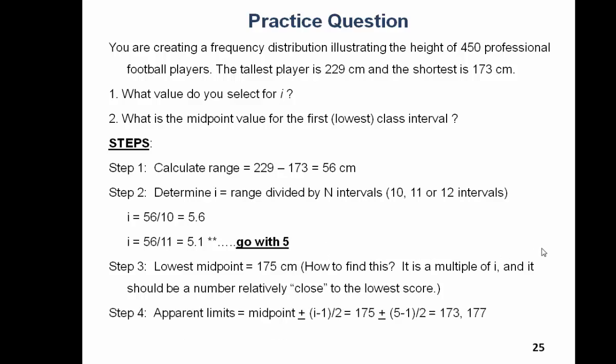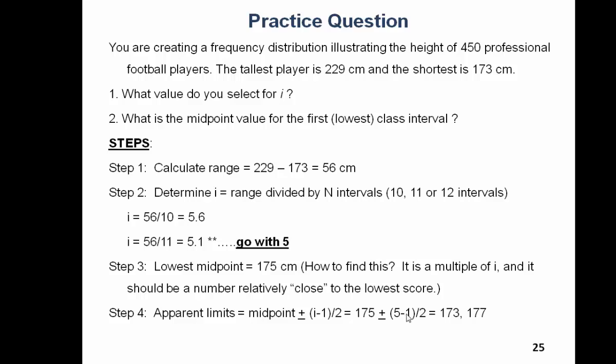We then calculate the apparent limits, starting with the lowest midpoint that we first computed, 175. We put 175 as the midpoint, and we add and subtract (i minus 1) divided by 2. Remember, i is equal to 5. We didn't get exactly 5, but we have to round to the closest value.